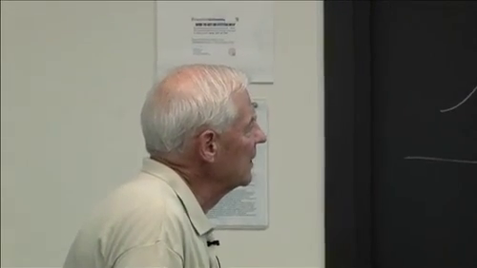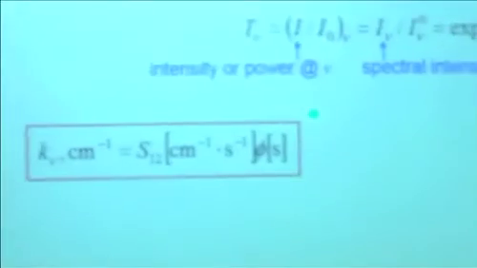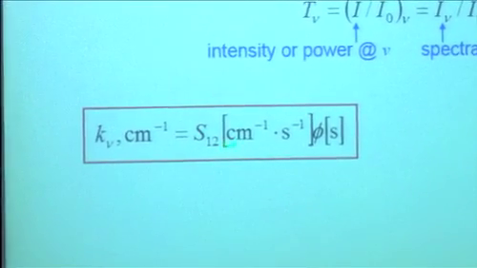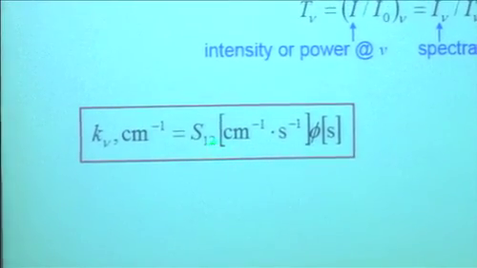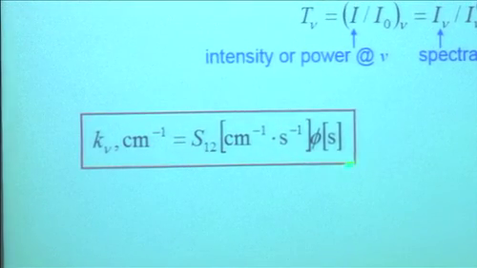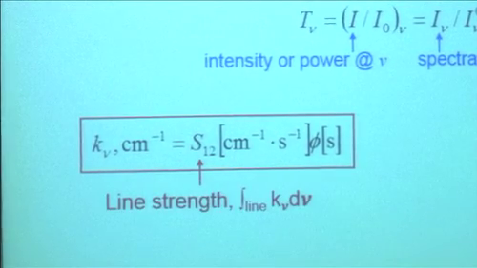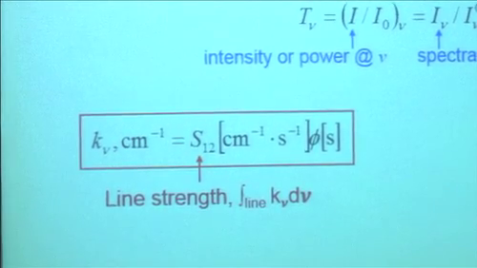That K is given by the product of the line strength and the line shape factor. So if we had units for S of centimeters minus 1 per second, then units of phi are in seconds, and the seconds go away, because K is centimeters minus 1. So you always have to be careful about the units. But K is S phi.